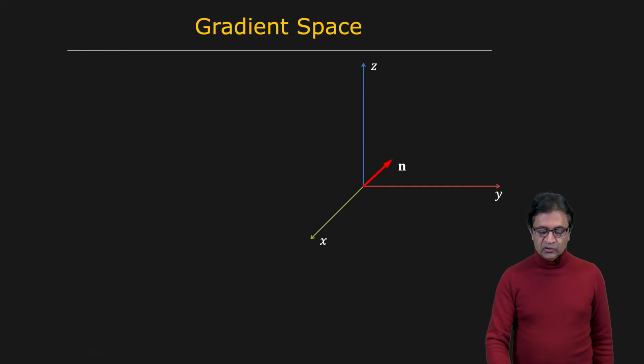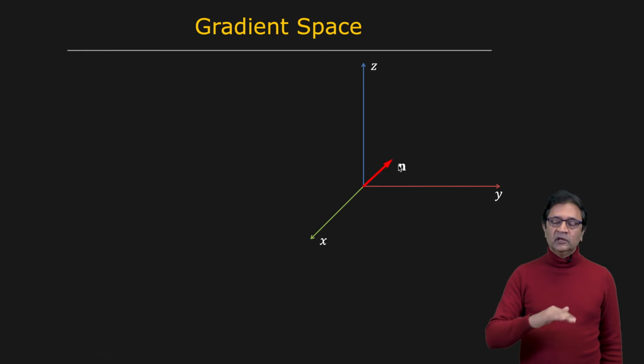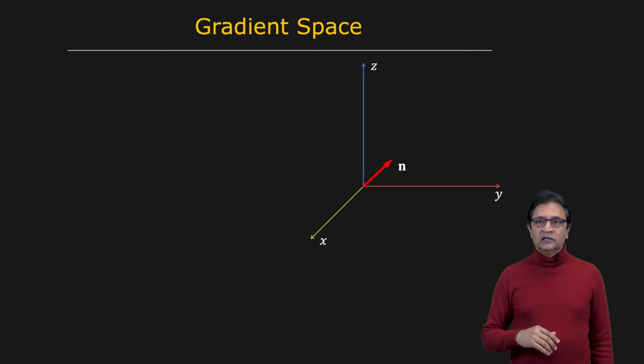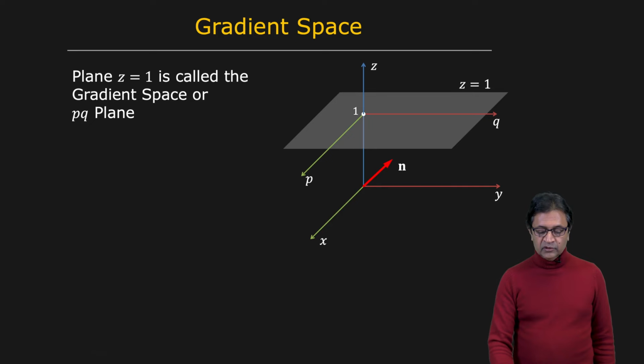Now let's visualize the relationship between a normal vector and its corresponding p, q value. So imagine that this is your coordinate frame right here, x, y, and z, and we're going to consider one surface normal vector right here. This is a unit normal n. So what you do now is erect a plane at z equal to 1, which is parallel to the x, y plane. And then we're going to draw these axes p and q, which are parallel to the axes x and y.